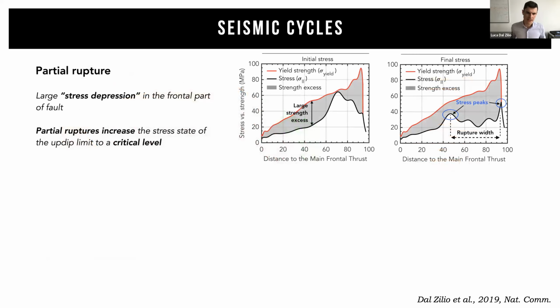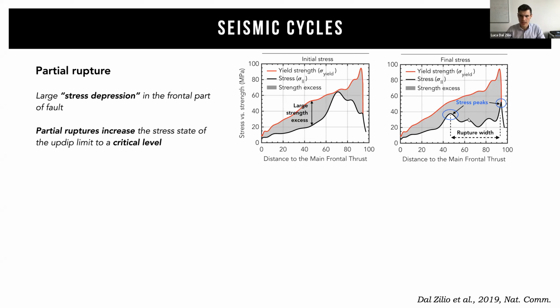So the reason behind this type of behavior is strongly dependent on the stress distribution on the fault. When we look at the distribution of the stress and the yield strength along the fault from the frontal part to the deeper part, you can see that typically, because of the presence of this mid-crustal ramp, stress is highly localizing in the deeper part of the fault, which leaves a very large difference between the stress and the strength.